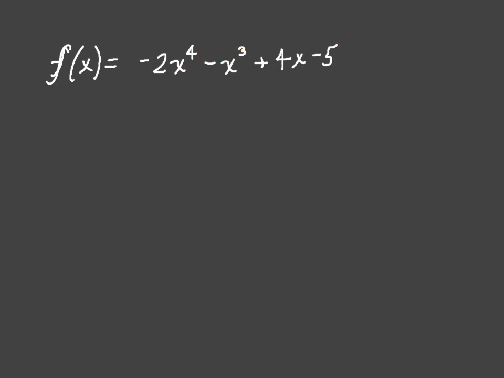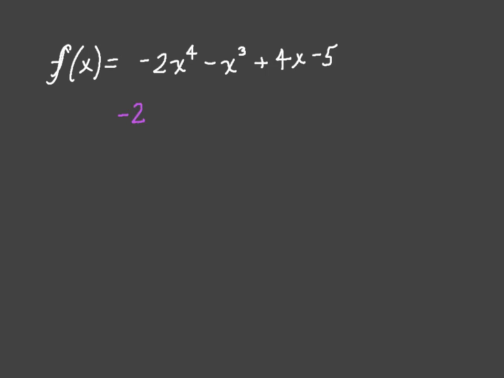Do you guys notice that we're missing a term with x squared? That means we have to treat this a little bit differently than the last example that we did. You need to write down the coefficients in order of decreasing exponents, in the order that they appear, because this is in standard form. My degree 4 term has a coefficient of negative 2.